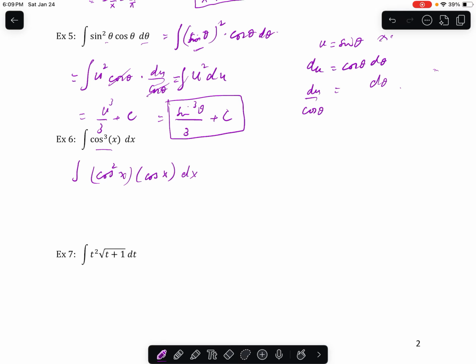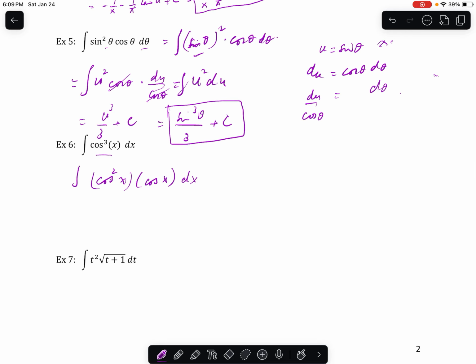And what do we do now? We got the idea from the previous problem, number 5, that if we have a single sine or cosine, then that kind of helps us with the derivative thing.